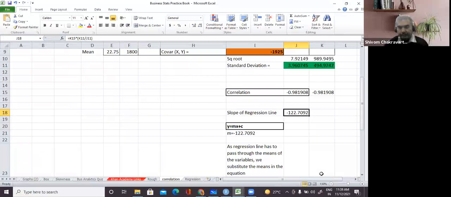What we keep on the right side of the equation usually is called the independent variable, and based on that we are trying to predict the other variable that we call the y variable, which is on the left hand side. So usually it is like that. However it is given, you should be able to recognize which variable we are putting in values for, and which variable we are getting values of.